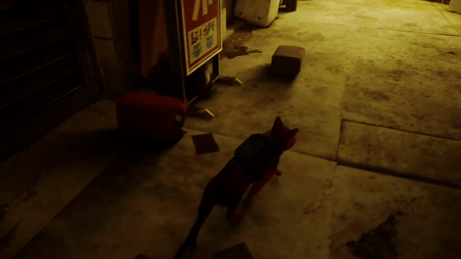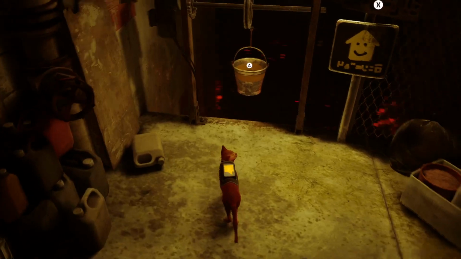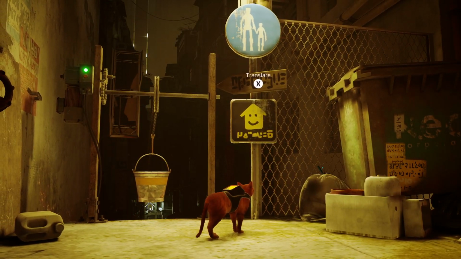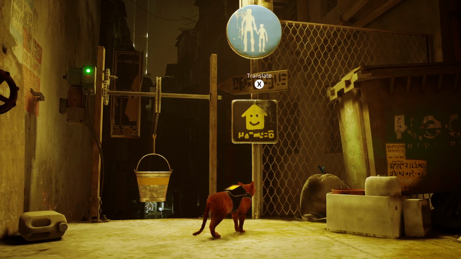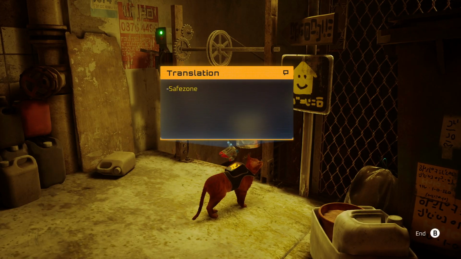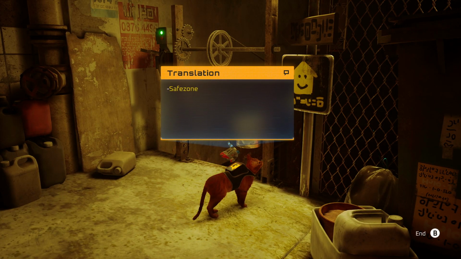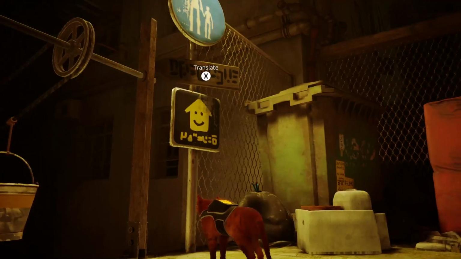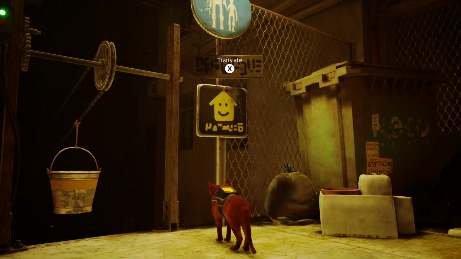So anyway, we'll have to figure out what these things say. Alright, translate safe zone. Well, there's 8 letters, so no, 1, 2, 3, 4, 5, 6, 7 letters. Yeah. Well, whatever.